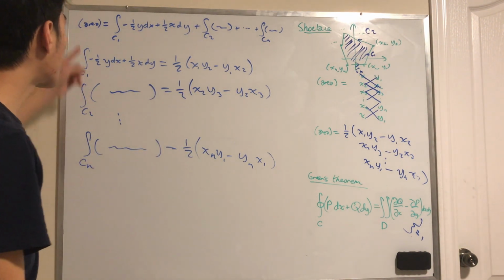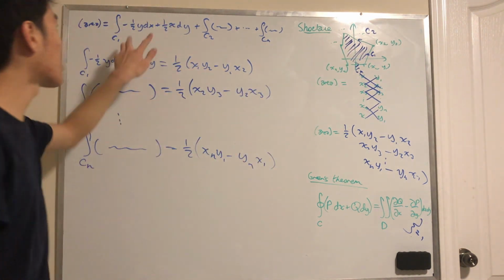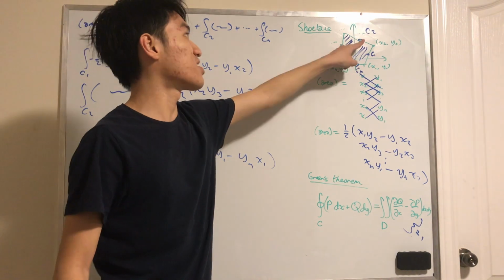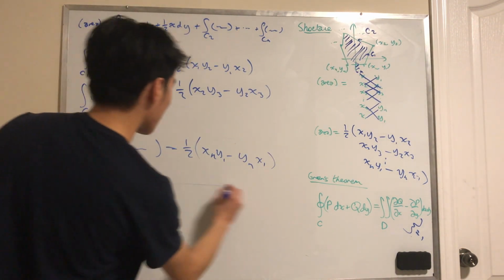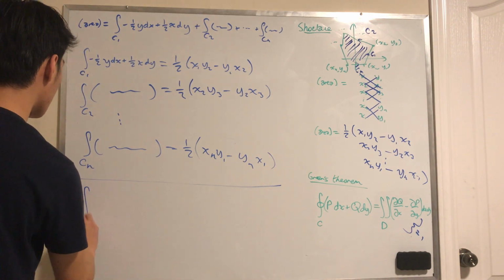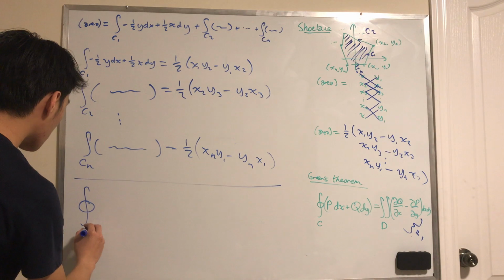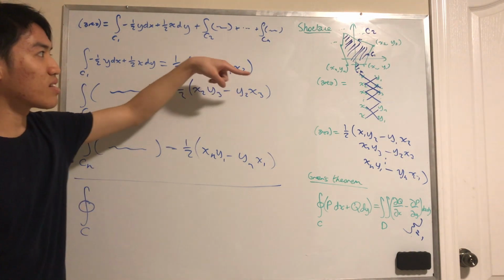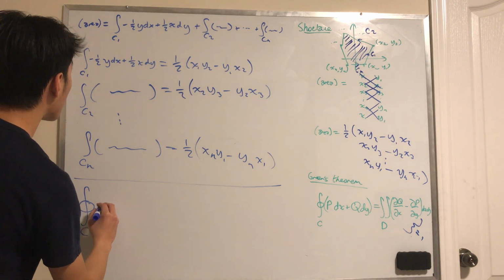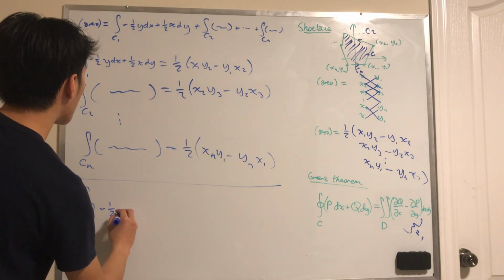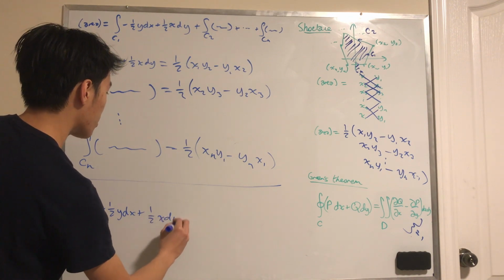And remember, we want to find the area, which is the integral around the whole thing, which is the sum of the integral along each line segment. So in other words, we add up all these integrals, and we get the closed integral along C, which is the entire boundary of our polygon, of minus 1/2 y dx plus 1/2 x dy.